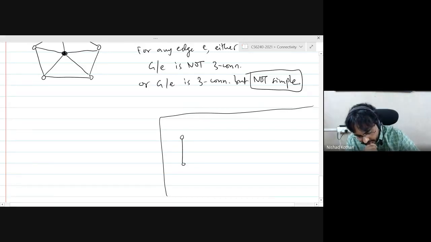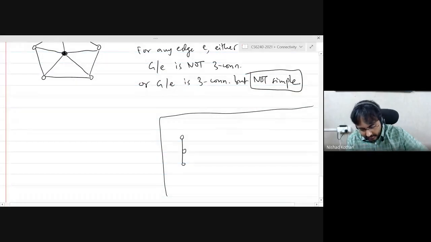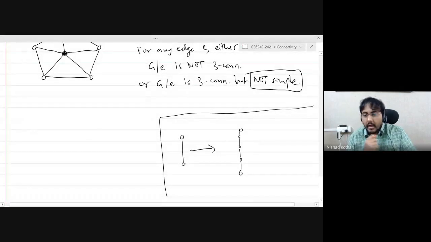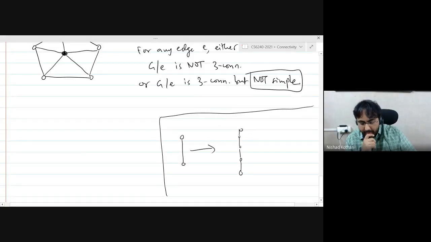I'm forgetting. Okay, we have already discussed subdivision. So if you have an edge, you can subdivide it like this. What do you think? So it affects 3 connectivity. We discussed it for 2 connectivity.